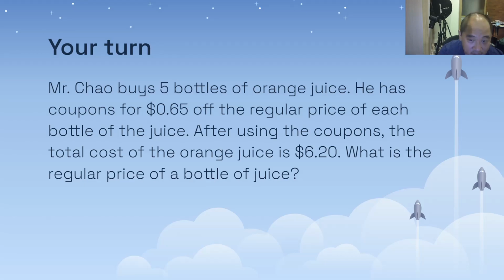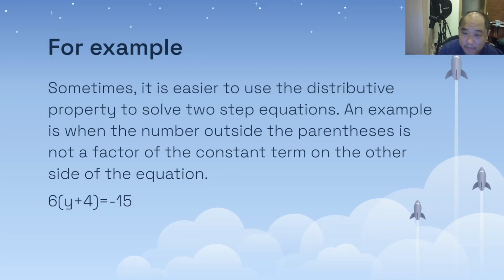What is this? Is this a thing? Yeah. Sometimes it's easier to use the distributive property to solve two-step equations. An example is when the number outside the parentheses is not a factor of the constant term on the other side of the equation. So what's happening here?